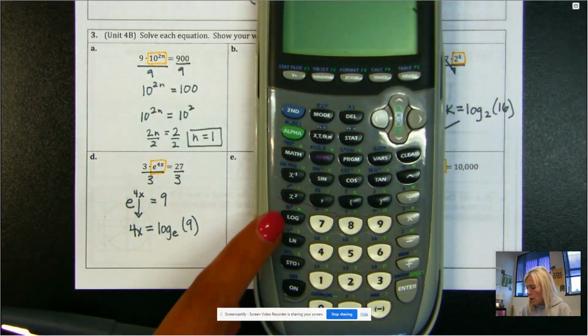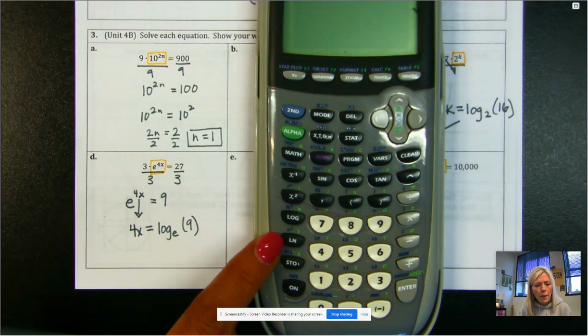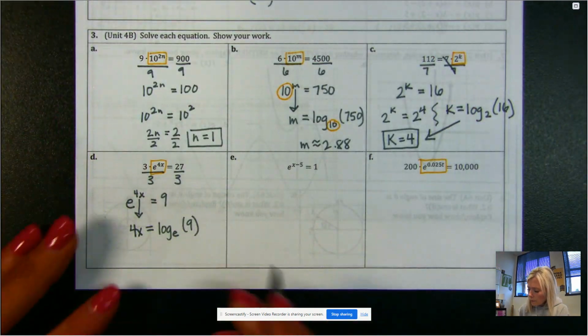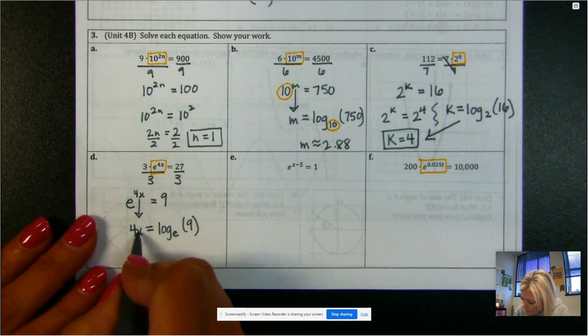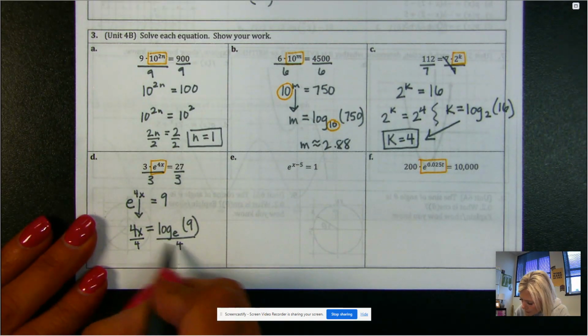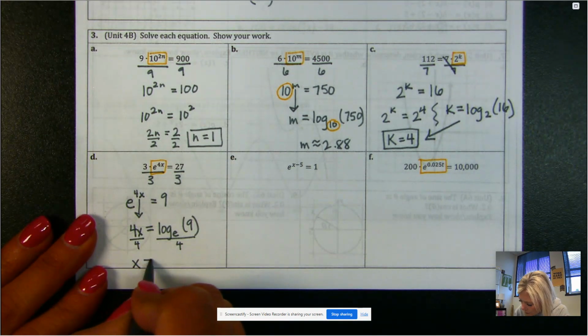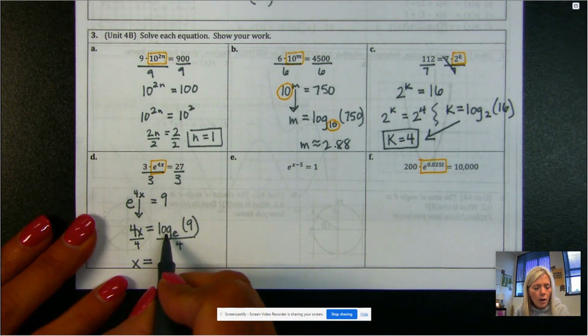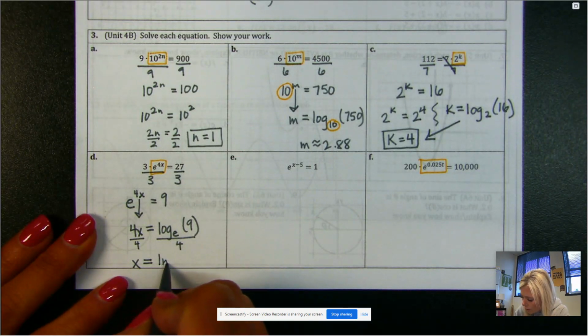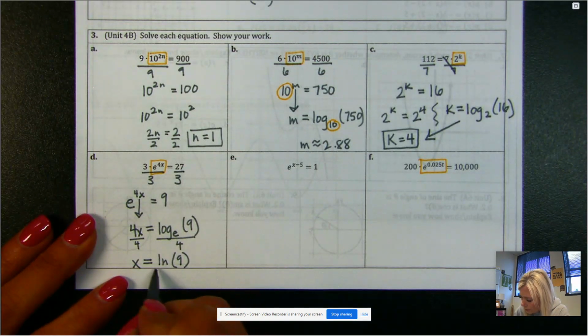Right under the log button is the natural log button, and I'm going to use that to figure this out. Basically, I have to divide both sides by 4 to get x all by itself. And so rather than log base e of 9, I'm going to write the natural log of 9 and then divide the answer by 4.